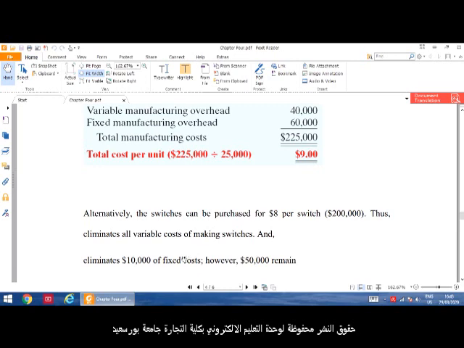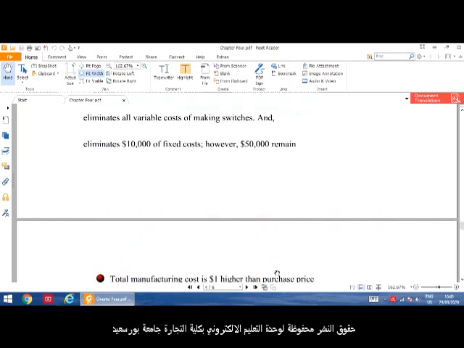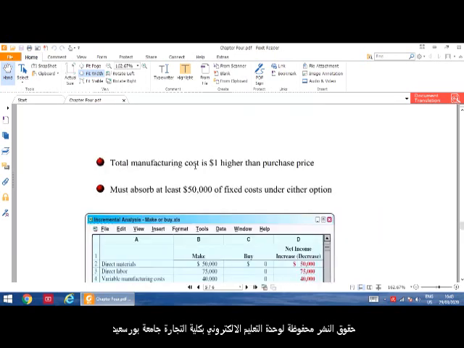On the other hand, of the fixed cost of $60,000, $10,000 will be eliminated and the $50,000 will remain. Total manufacturing cost is $1 higher than purchase price.